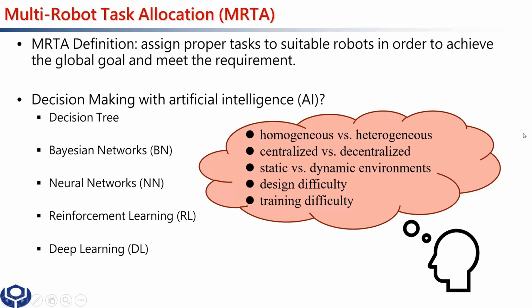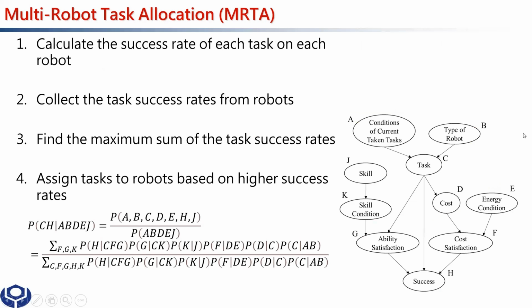So usually the multi-robot system is heterogeneous. And definitely they are moving, just like crawling like this worm robot. So usually the environment is dynamic instead of static. So in the end, I chose to use Bayesian networks to make the final decision to solve the MRTA problem.